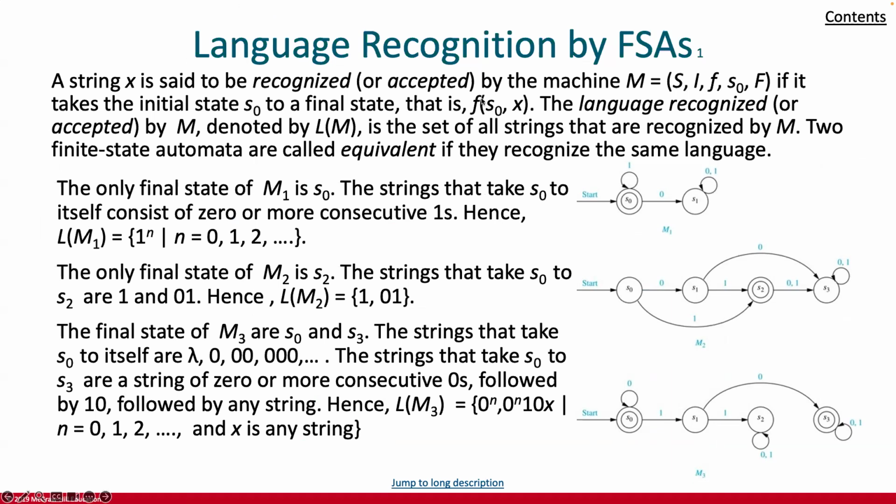You can also have language recognition by finite state machines. A string x is said to be recognized or accepted by the machine M if it takes the initial state s0 to a final state, that is f(s0, x) is in F. The language recognized or accepted by M, denoted by L(M), is the set of all strings that are recognized by M. Two finite state automata are called equivalent if they recognize the same language.